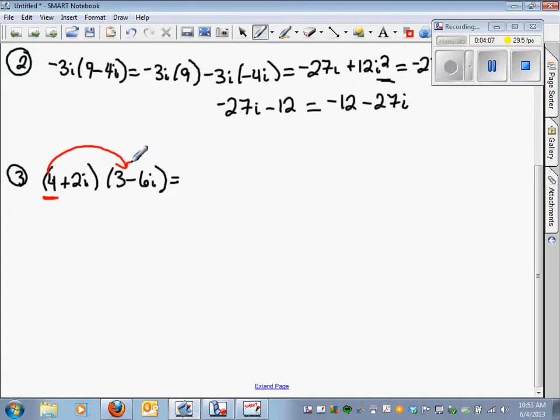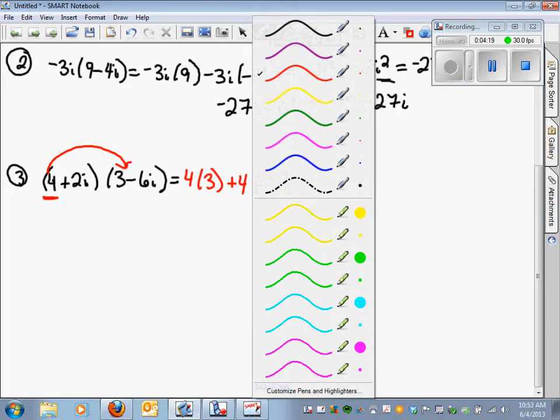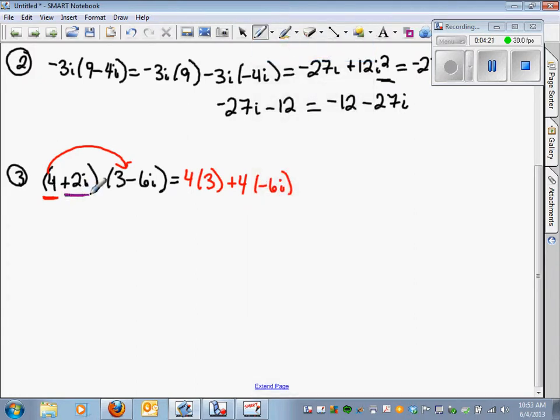So we will distribute 4 times 3 and 4 times negative 6i. Then we're going to take the second part of our initial complex number, this positive 2i, and we're going to distribute it to our second complex number as well. 2i times 3, and then a 2i times negative 6i.